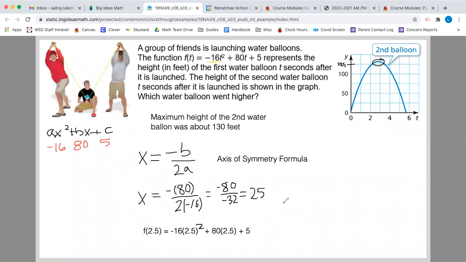Really ugly looking too. All right, from here, I'm going to use the calculator because I really do not want to deal with actually doing this calculation by hand. Because multiplying 2.5 by itself, while not really that difficult, is kind of annoying.